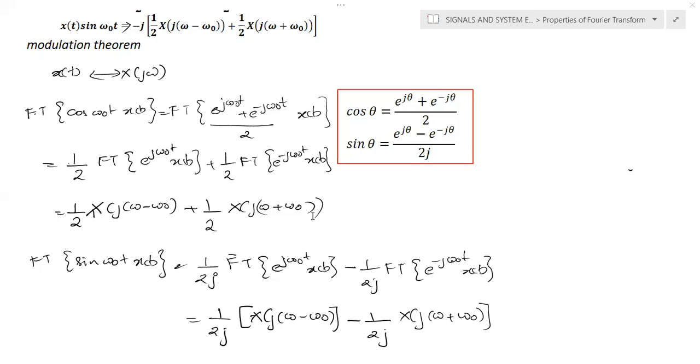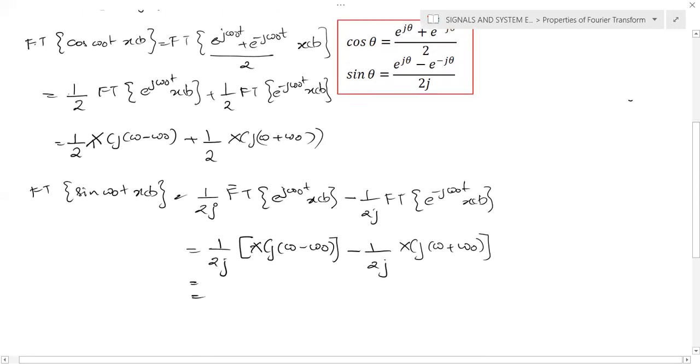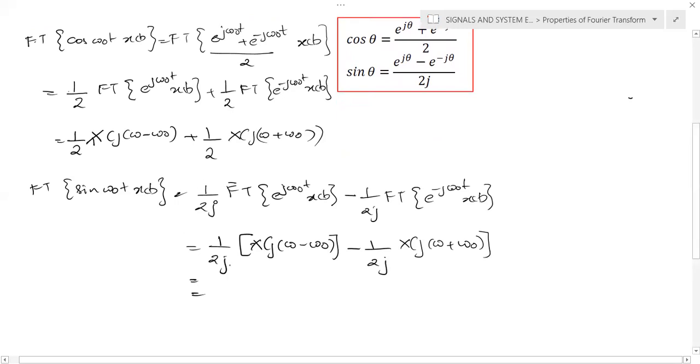If you rearrange this equation, j into j becomes minus, so it becomes minus j by 2, times x of j omega minus omega 0 minus x of j omega plus omega 0.